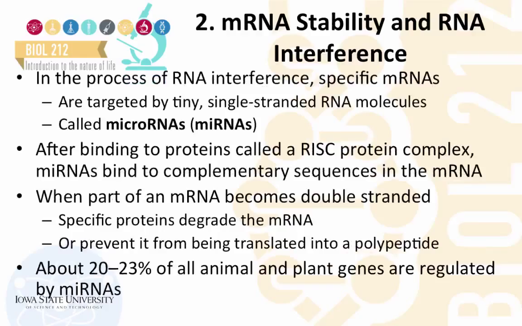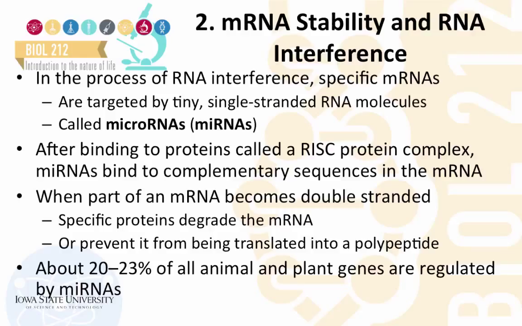During this process, tiny single-stranded RNA molecules called microRNAs or miRNAs are made which target specific mRNAs. These microRNAs bind to proteins that are part of a complex called the RISC protein complex, after which, in combination with the RISC complex, miRNAs bind to complementary sequences in the mRNA.